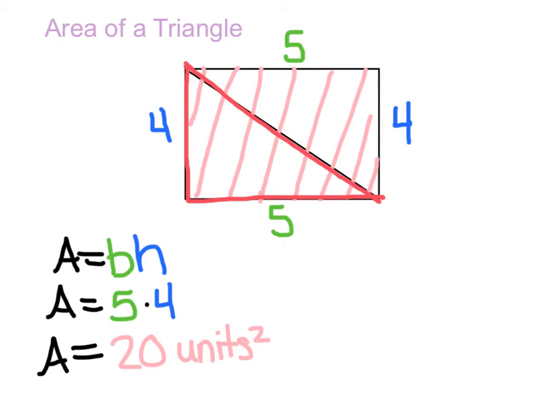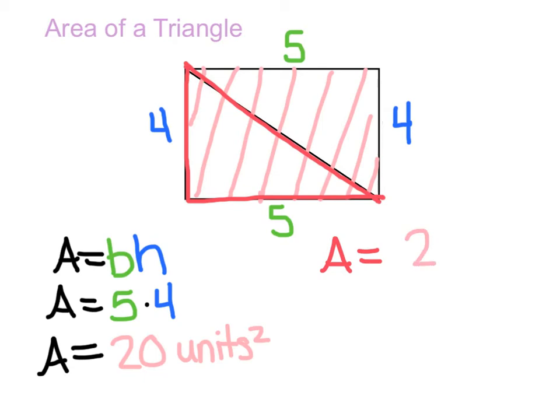So if we cut the rectangle into two equal parts, that's the same thing as just dividing by 2. So if the whole area of this rectangle is 20 units squared, that means that the area of each triangle has to be exactly half of that. So the area of the triangle has to be half of the area of the rectangle.